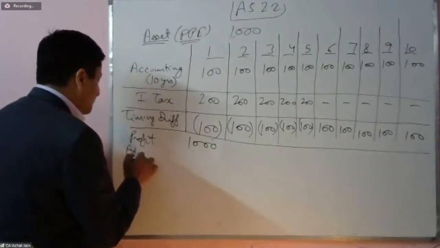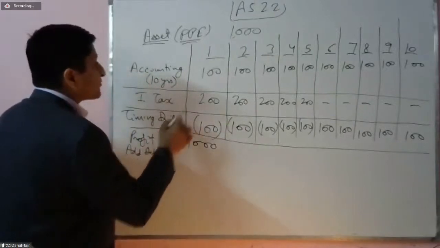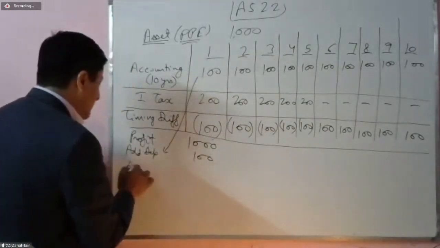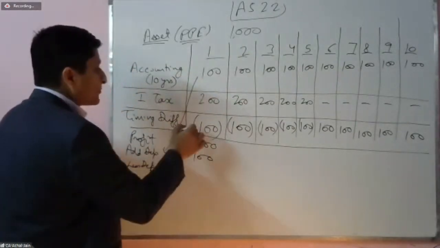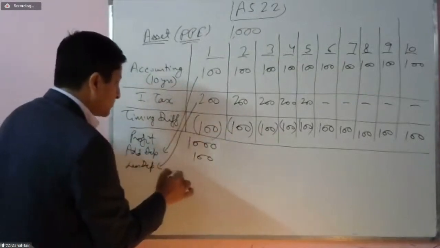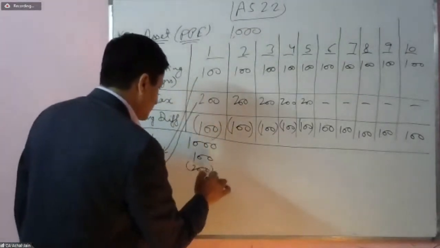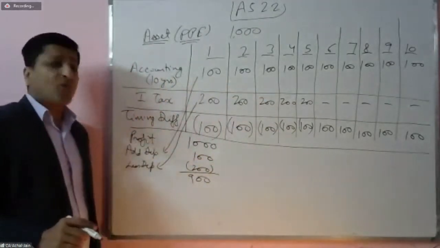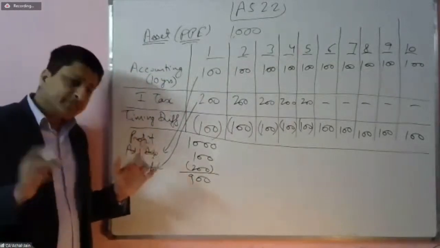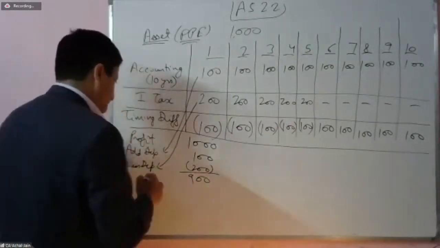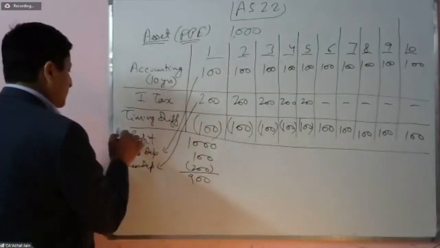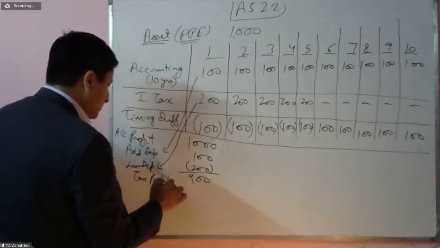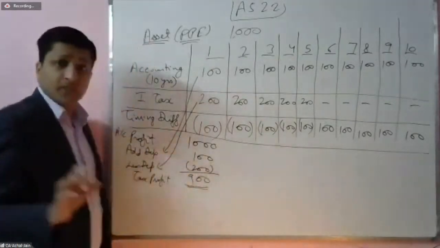We will add this depreciation, and we will less this depreciation. So we will get a taxable profit of 900. So this is the accounting profit and this is the taxable profit.